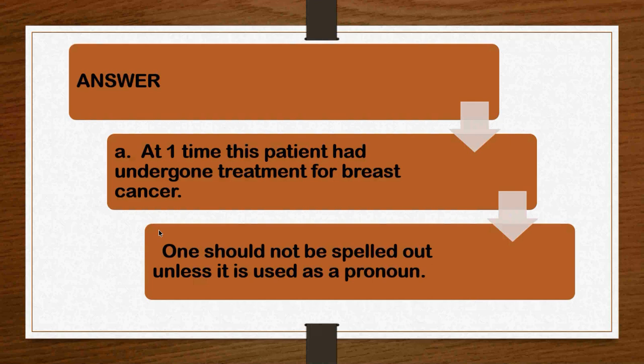If there's no noun following, then it's being used as a pronoun, and you would spell it out. Otherwise, you don't spell out numerals; you use the numerals in transcription. There are a couple of exceptions to every rule, but this one's a pretty good one. If a noun's following one, use the number. If not, spell it out.